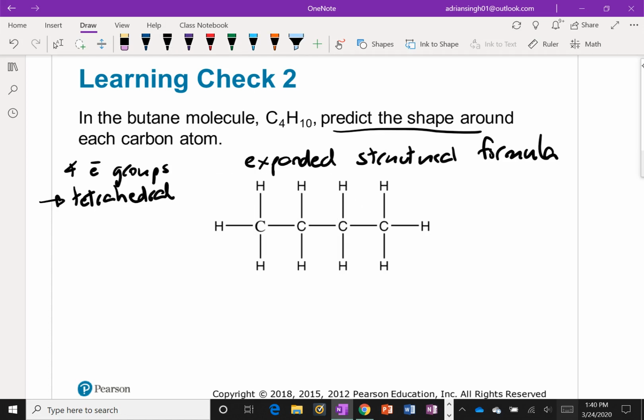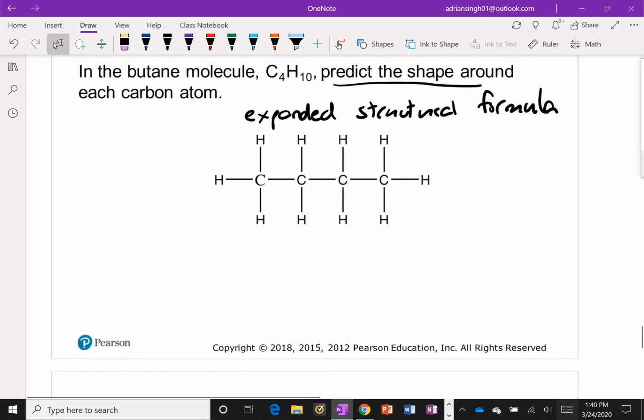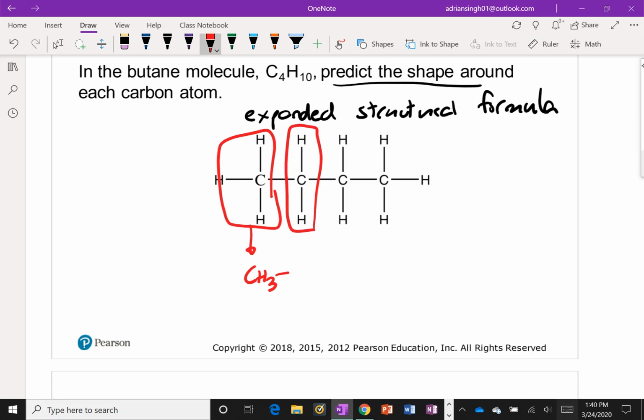We can take that expanded structural formula and we can condense it now. So here we have a CH3 that's connected to a C and 2 H's. That's connected to another C and 2 H's.